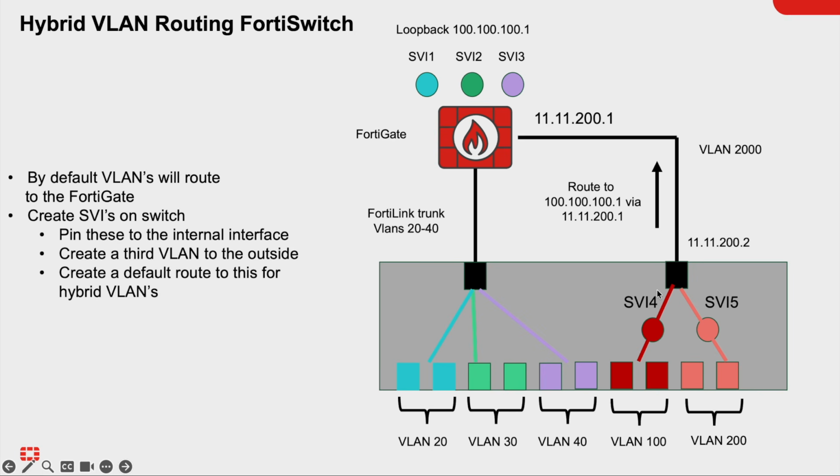However, there may be situations where you have a need for ultra-low latency between two segments in your network. Let's say, for example, CCTV cameras going to the NVR. Now, if it's an enclosed environment, you may trust it implicitly, in which case there's no need to send it through the firewall.